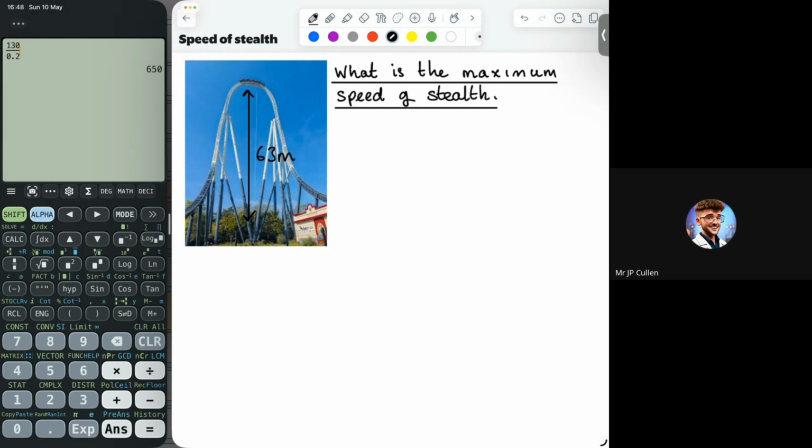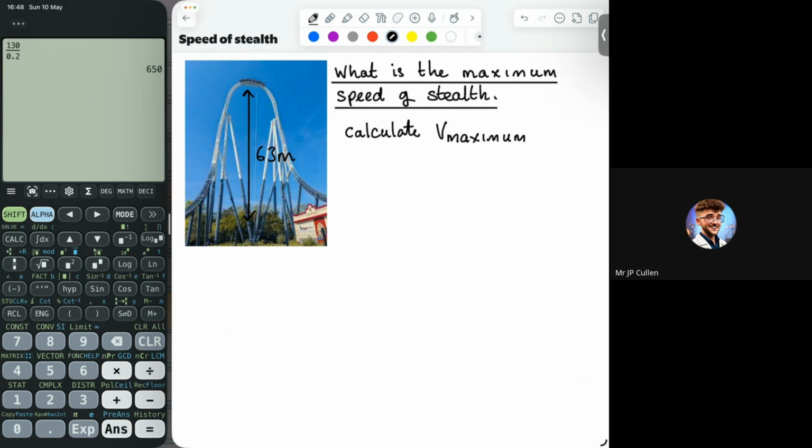In the question, you will often see something like calculate the maximum speed. I'm going to write it as Vmax, but it will say maximum speed. And as soon as you see maximum speed, you know that you can use this equation. So what does the equation look like?